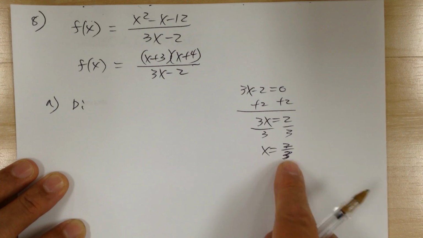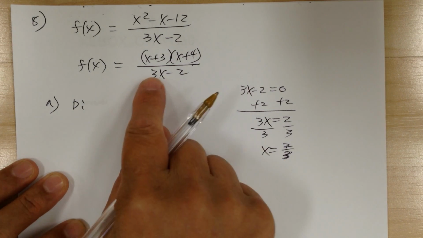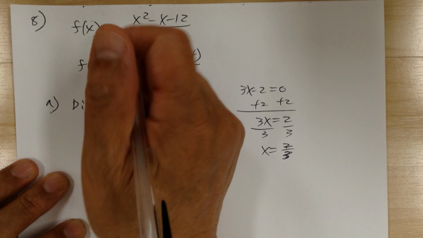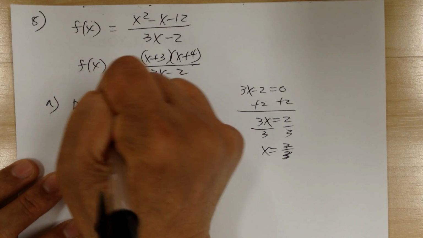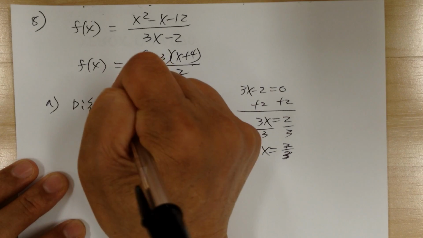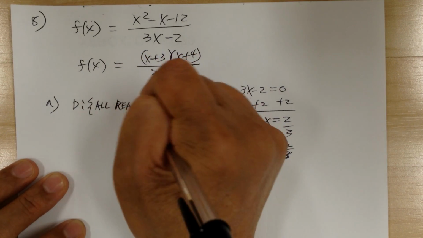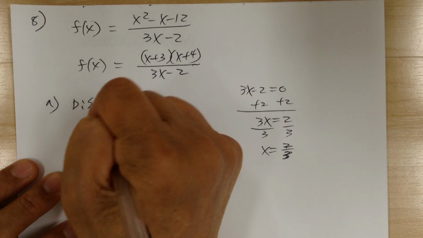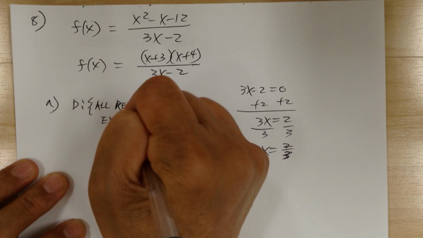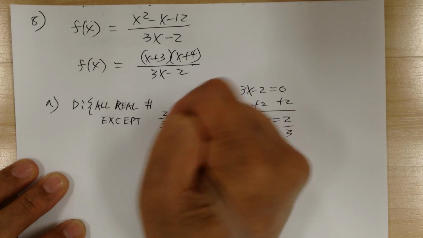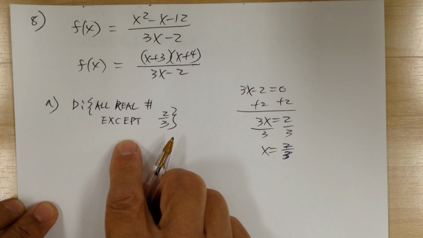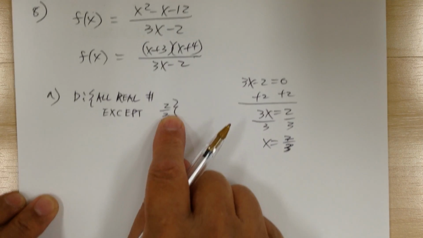Okay, so that's not allowed. So again, when x equals 2/3, it will make the denominator equal to 0. So your domain would be all real numbers except 2 over 3.